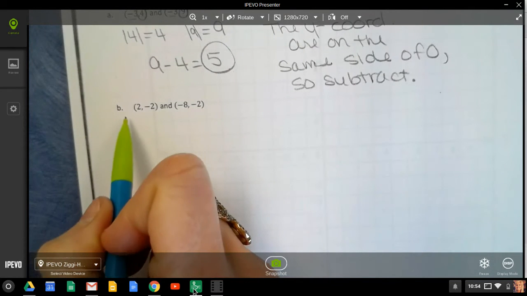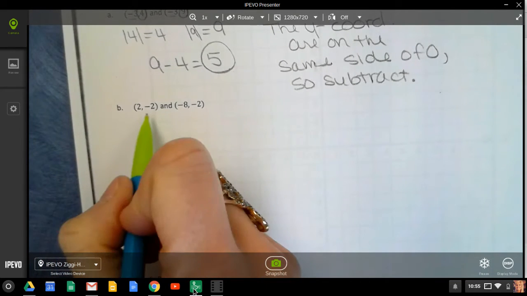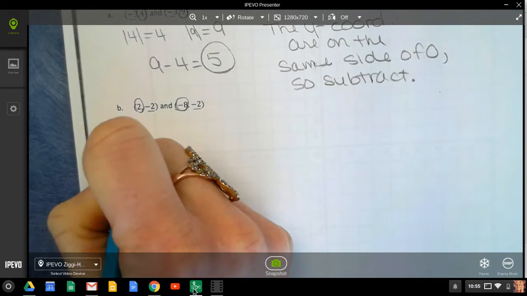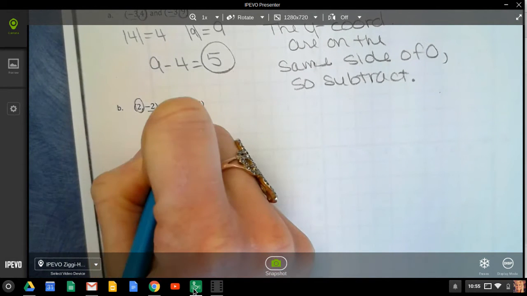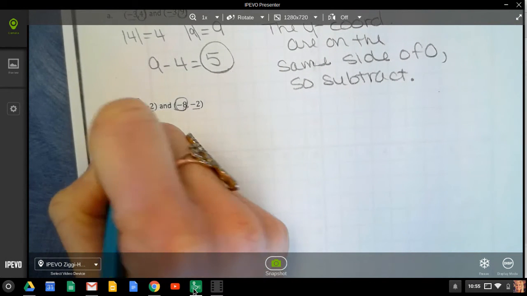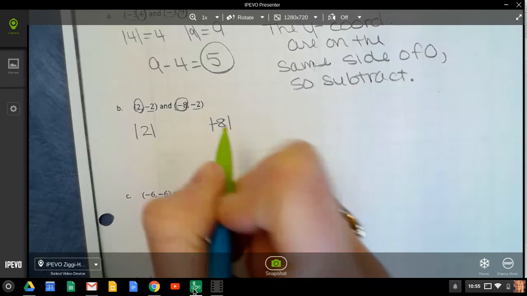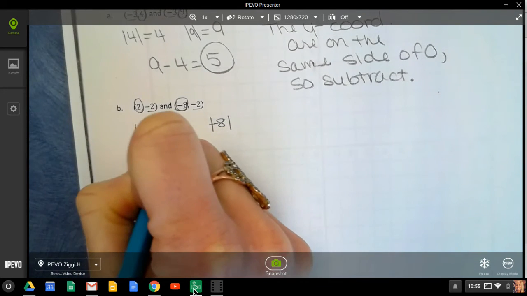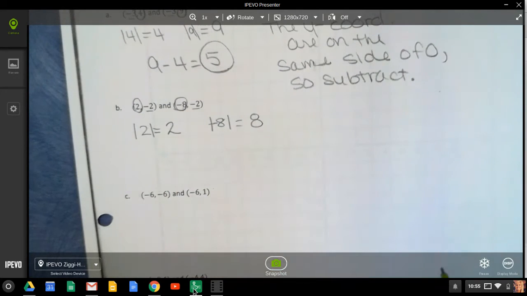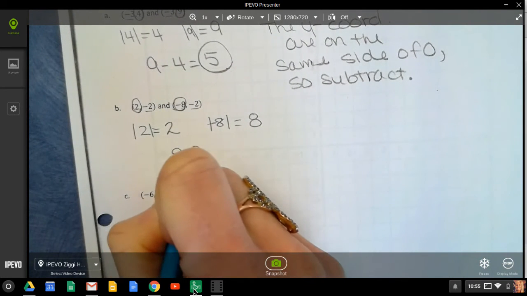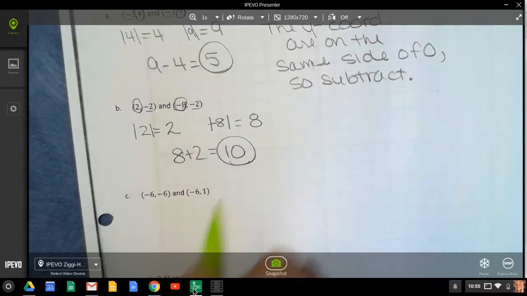So part number 2, these y's are the same, so we're going to look at the x's. And if you notice, they are on opposite sides of 0. This is a negative, that's a positive. So the first step is to find their absolute values. So the absolute value of 2 is 2, and the absolute value of negative 8 is 8. All right, now because they are on opposite sides of 0, we can add them, which gives us an answer of 10.